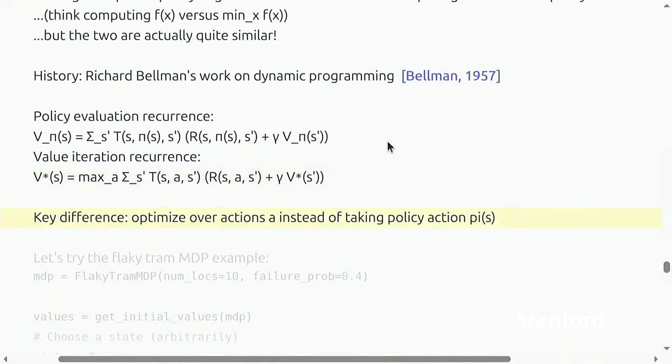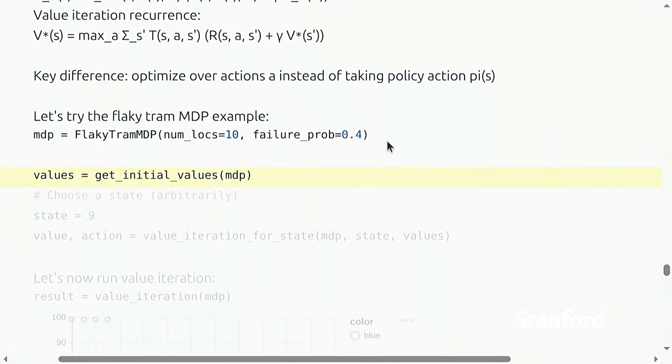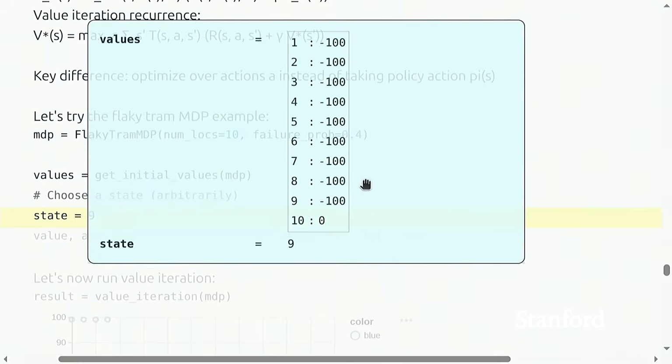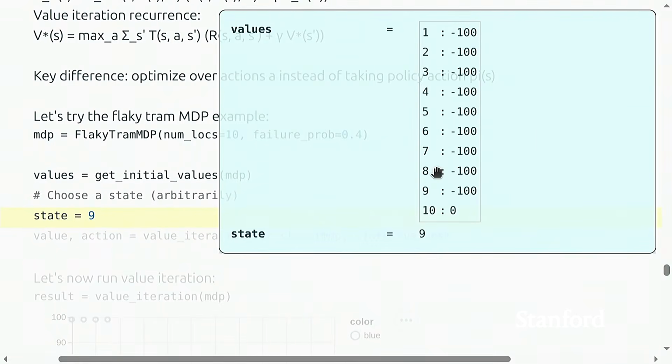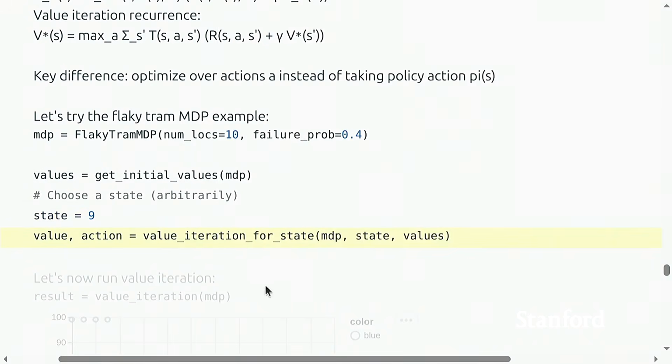Okay, so let's do that. Flaky tram MDP. I'm going to get the initial values. This part is the same as before. And the key operation is going to be computing the value of a given state.